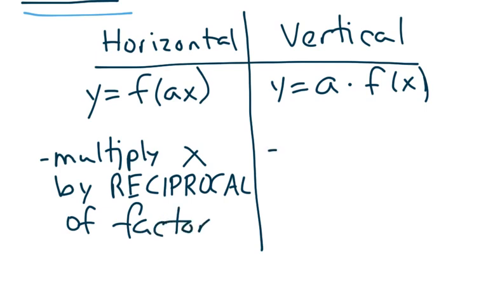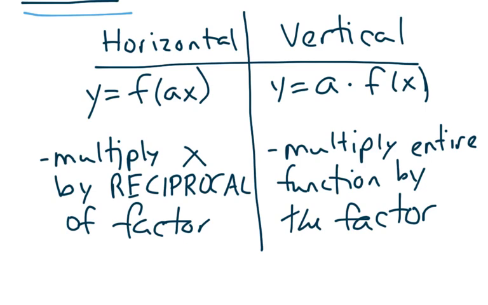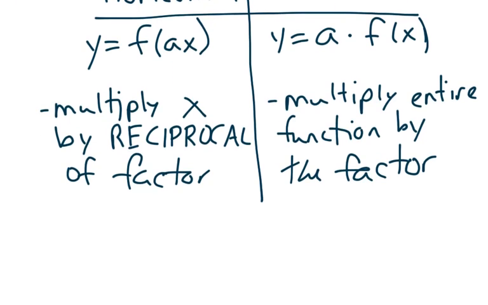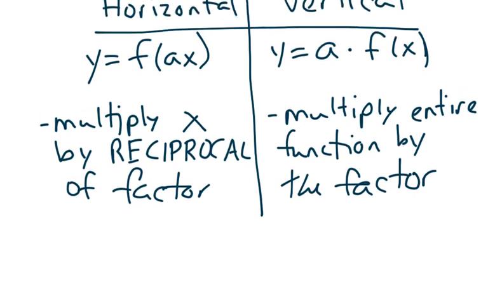With the vertical, we multiply the entire function by the factor straight away. Because remember, with horizontal translations, if we had -3, it was actually 3 to the right. Same idea here. Everything with horizontal transformations is going to be kind of backwards. So we're multiplying x by the reciprocal of the factor with horizontal stretches and shrinks. And I've got a couple of examples here to explain that.